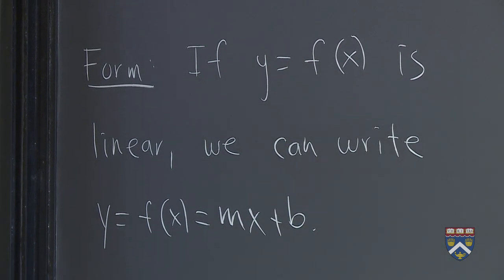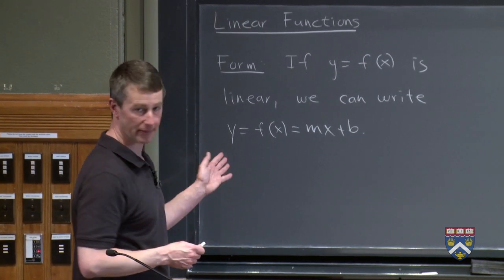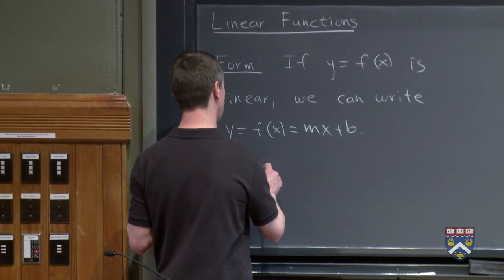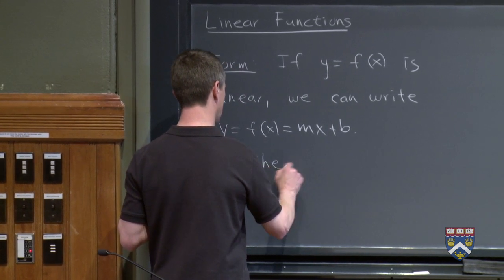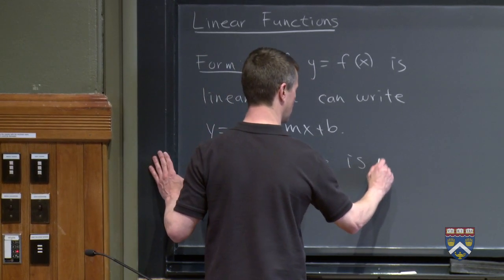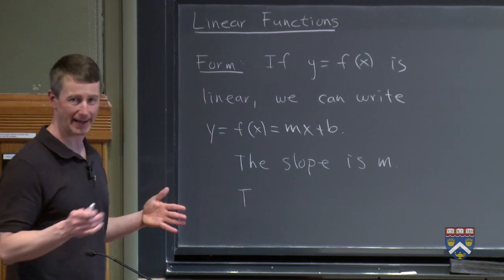Every linear function can be put in this particular form. And I think you know that the m and b are what are important here. So m is the slope of the function, and the b is the y-intercept.